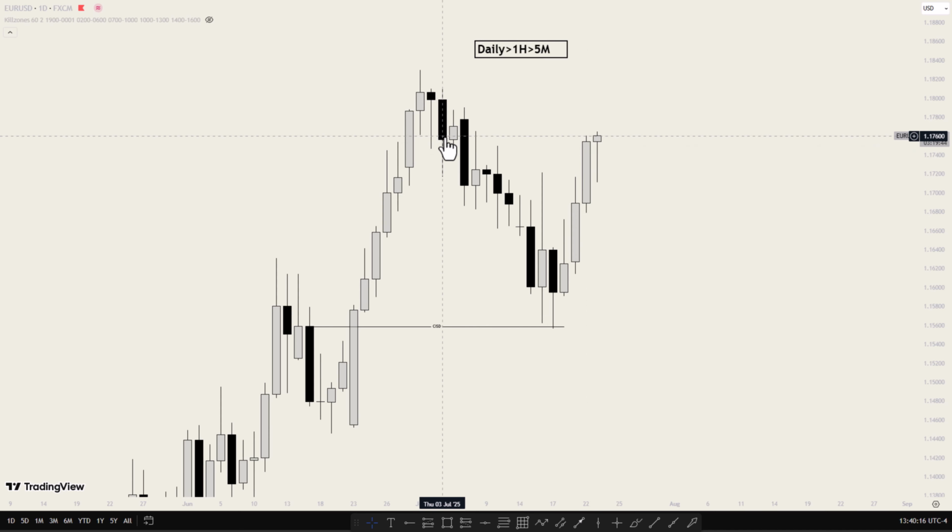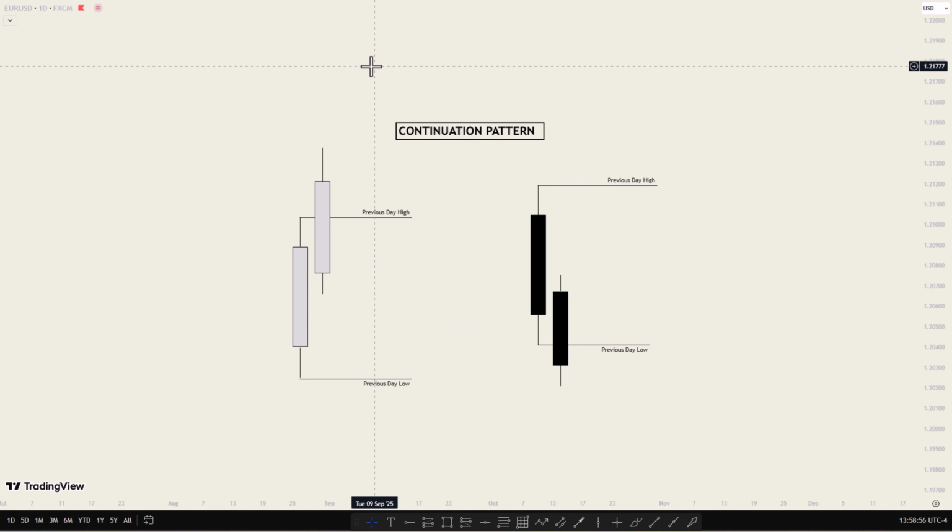But let me show you something spectacular about the continuation pattern. For us to understand how to take a continuation pattern, we need to understand the difference between a continuation pattern and a reversal pattern. Here is a continuation pattern. Let's assume these candles are on the daily time frame.